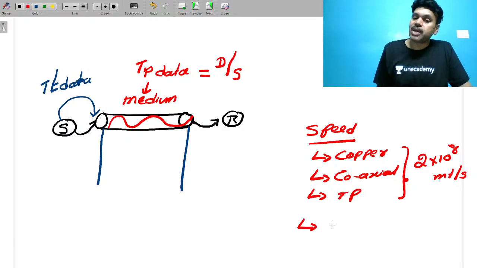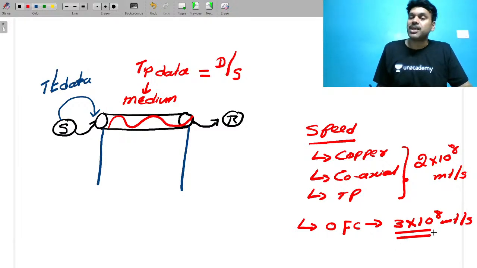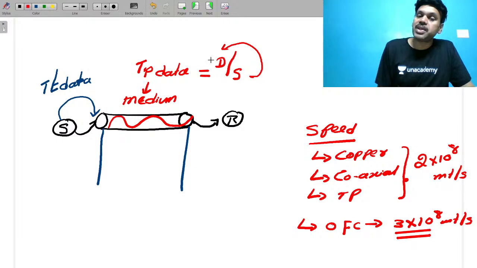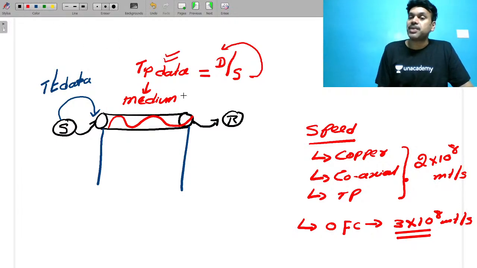And if I use the advanced one, the optical fiber channel, your data transmission is in the form of light. Light is 3 into 10 power 8 meters per second, but you cannot consume 100% of it, which may be 70% or 80%. According to the speed and your distance, the TP is calculated. That's why TP depends upon your distance and the type of medium you are using.